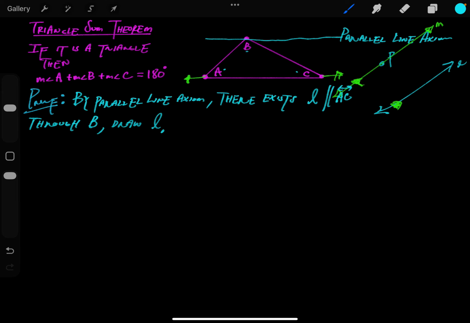Otherwise, we won't be able to see anything if we don't draw L. So we draw L.